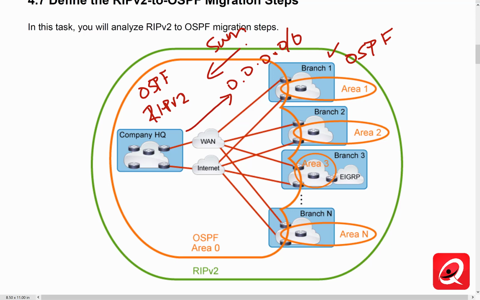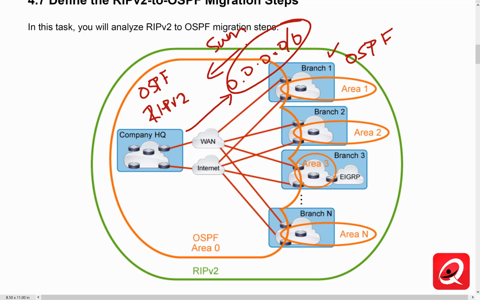So I think the argument that Cisco is trying to make in this is that when I do that, I'm going to lose that reachability information to the other branch locations. Remember, we're only running OSPF on HQ and branch 1 at this point. But would I lose reachability to branch 2, branch 3, and the rest of the branches? Well, from branch 1's perspective, no, because we have a default route.